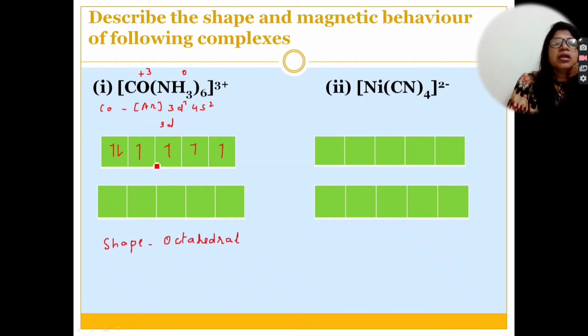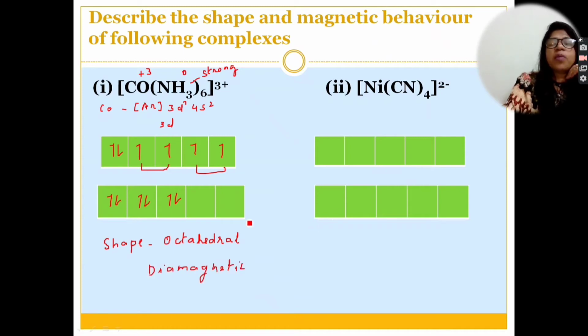Arrange it. Now NH3 is a strong ligand. In cobalt, NH3 is a strong ligand. We have already discussed this in my previous video. So pairing will take place between these two and between these two. So when pairing takes place, no unpaired electron. Magnetic nature will be diamagnetic.